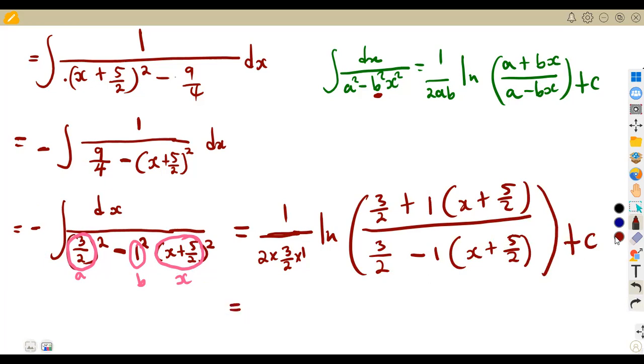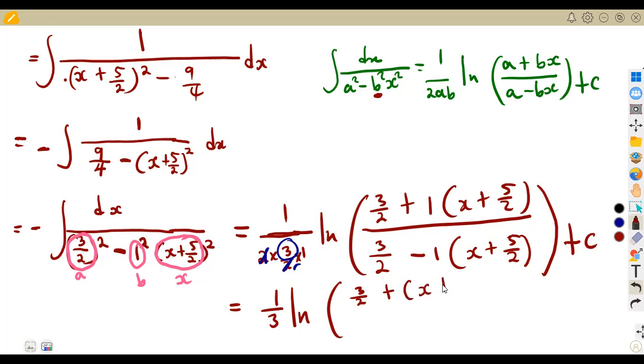If we simplify this on our calculator, we can cancel 2 and 2 and remain with 1 over 3. So you're going to have 1 over 3 times the ln of this part to be simplified. There's no need to expand the brackets, you can just leave it like that: 3 over 2 plus (x plus 5 over 2), over 3 over 2 minus (x plus 5 over 2).